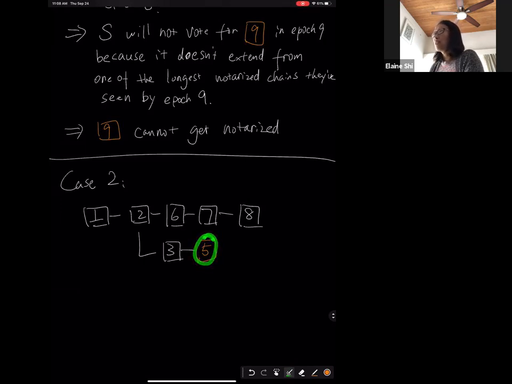So what must they have seen in epoch 5? They've seen 3 being notarized. Exactly. All these people who voted for 5 in epoch 5 must have seen 3 notarized in epoch 5.